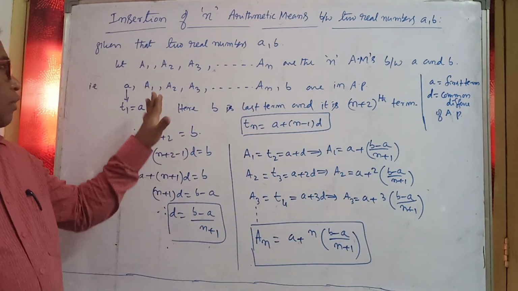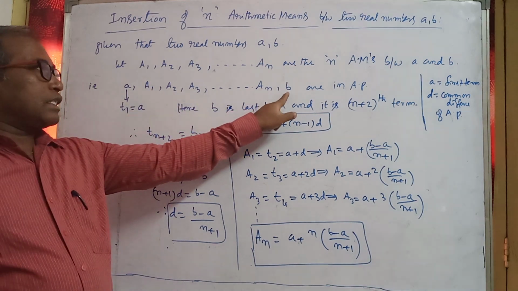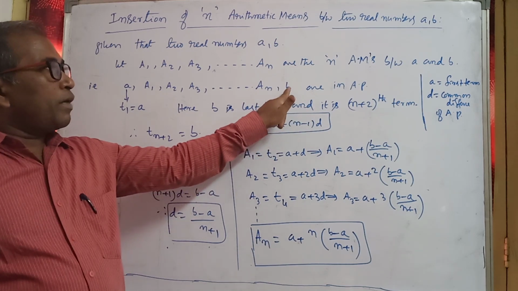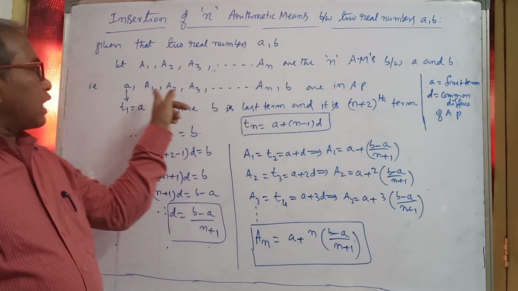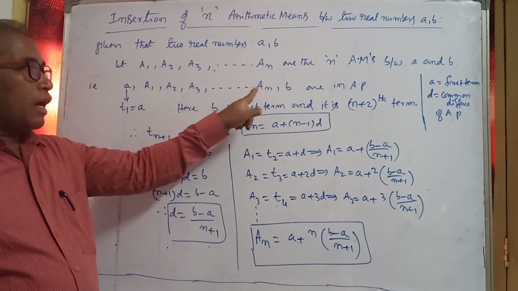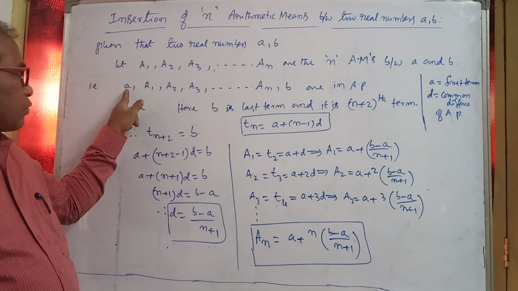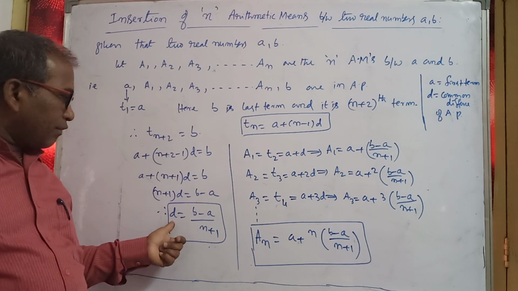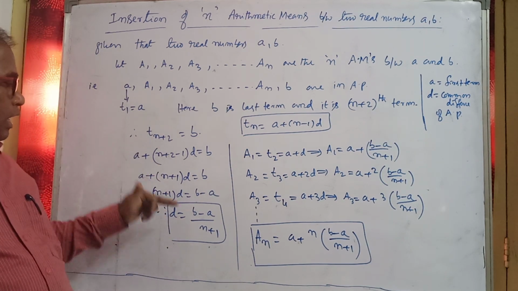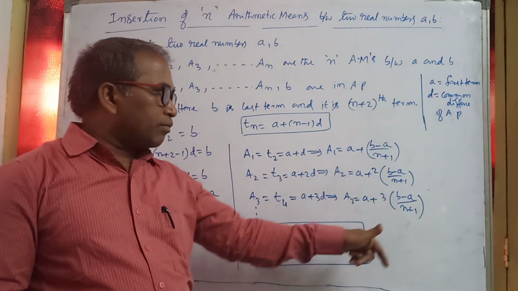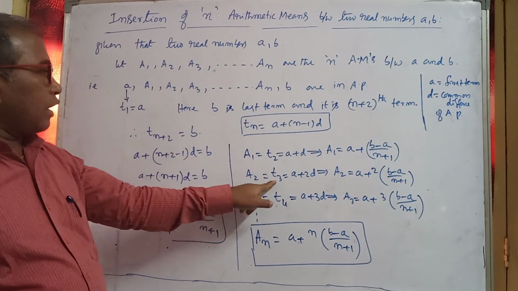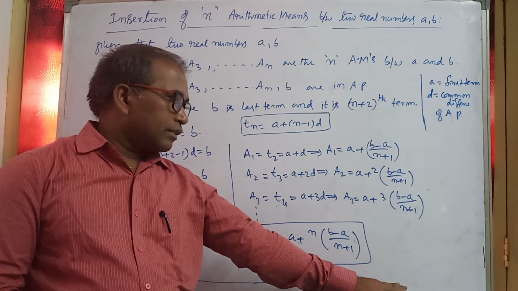Here B is the last term, which is the (n plus 2)th term: count them, 1, 2, 3, n, n plus 1, n plus 2. Based on that we get the common difference. Once you know the first term and common difference, we can find any term. In this series, A1 is the second term, A2 is the third term.